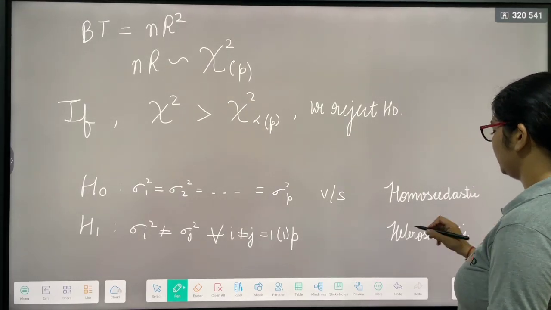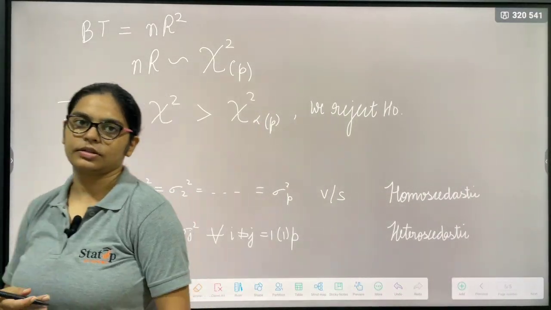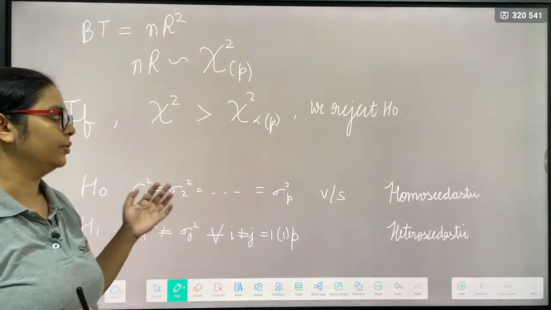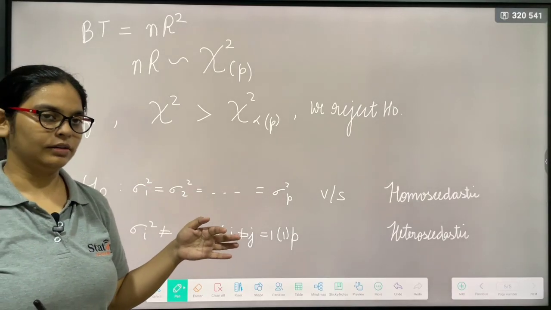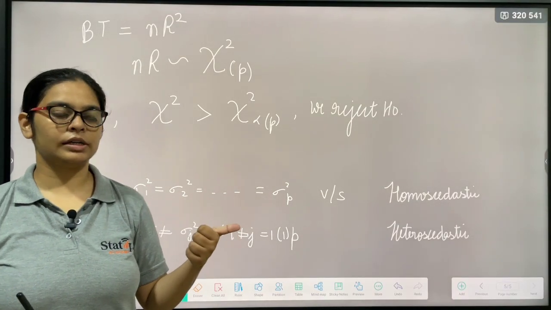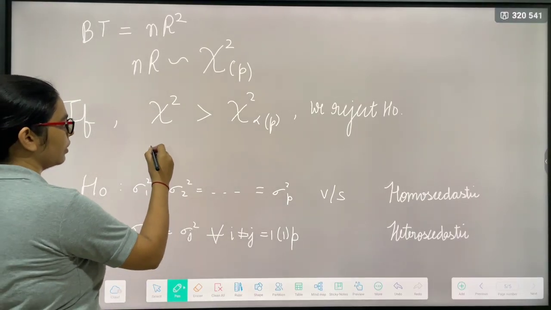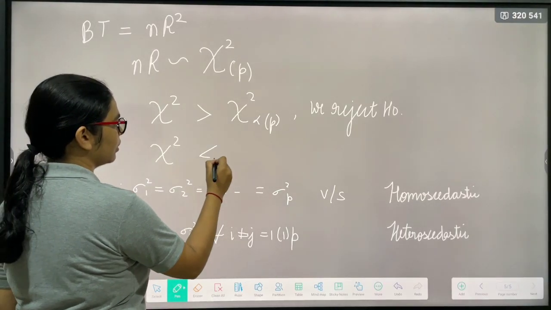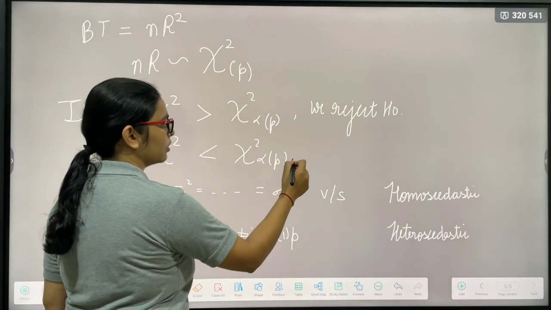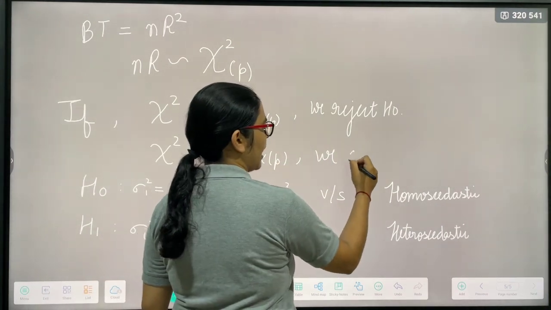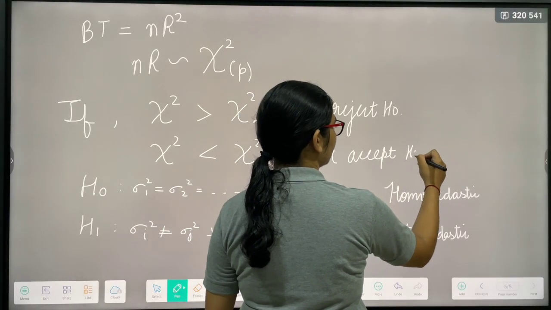In this Breusch-Pagan test, we test the variance of every value, like sigma 1 square, sigma 2 square. If they all are equal, then the model is homoscedastic and we accept H naught.